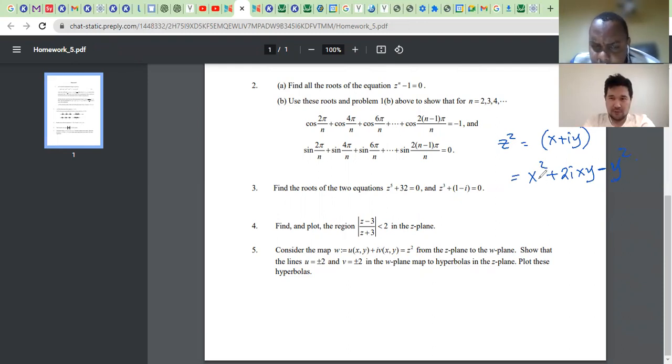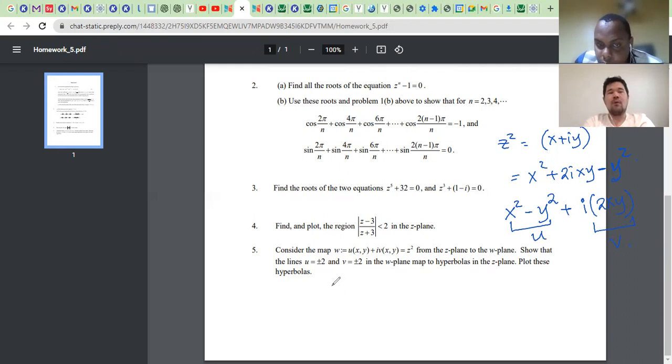So this is x squared minus y squared plus 2ixy. This is u, and this is v.